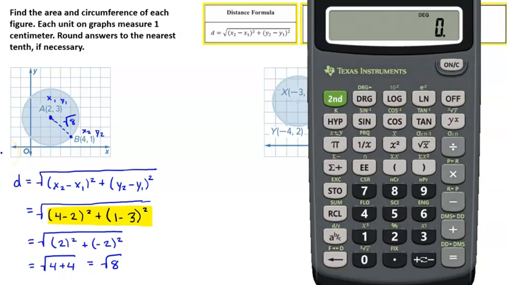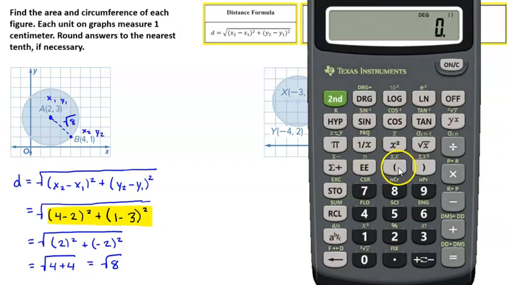To show you how I would put this whole thing in my calculator, make sure you're using parentheses because we do have some groupings here. For this particular calculator, you don't use parentheses just for multiplication, but for groupings you do.